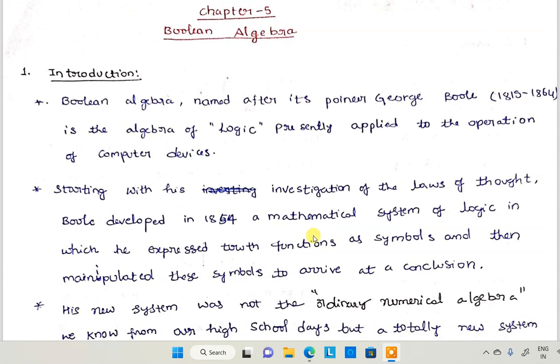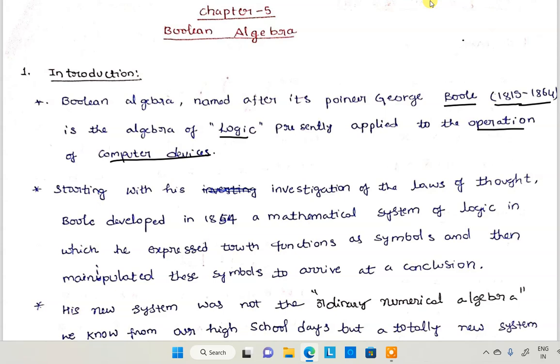So Boolean algebra: one of the pioneer scientists, George Boole, 1815 to 1864 is his period, introduced this Boolean algebra. It is the algebra of logic, presently used in operating computer devices.